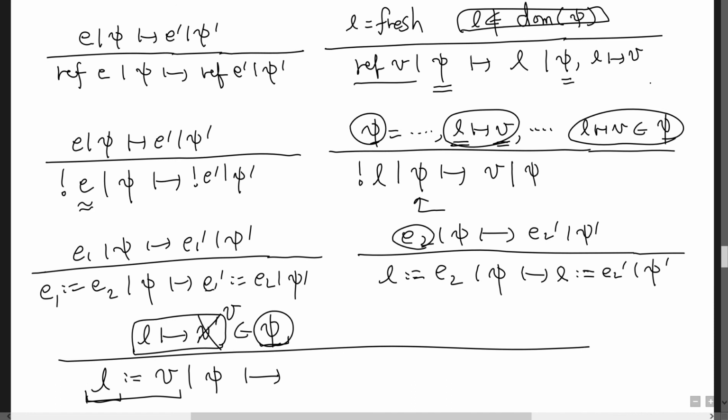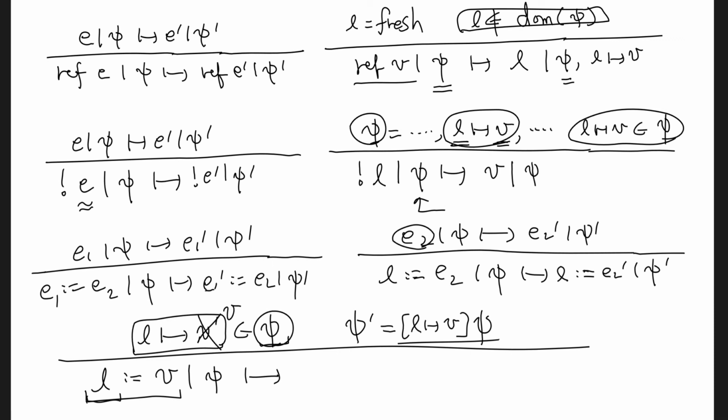And let's state the resultant store as psi prime. And the notation that we use in the course notes is psi prime is psi where this mapping has been updated to value V. But you don't really need this notation, because what we need here is just that the current mapping is cancelled and the new mapping is installed, and the new mapping is basically L is mapped to value V. That's all.